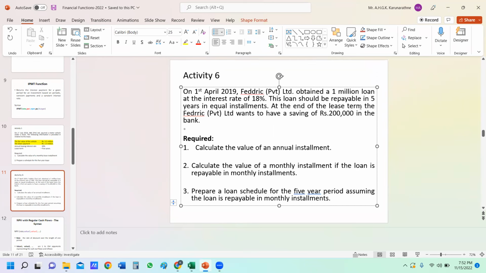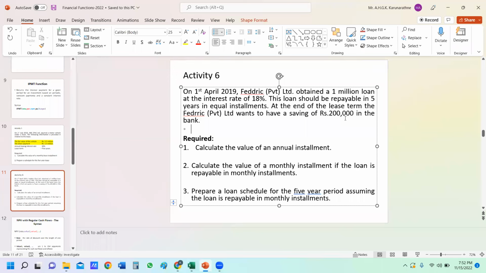We don't know whether it's monthly or annual. At the end of the term, Fedric Private Limited wants to have a saving of 200,000. This time they have borrowed 1 million and want to repay this loan with a particular installment.